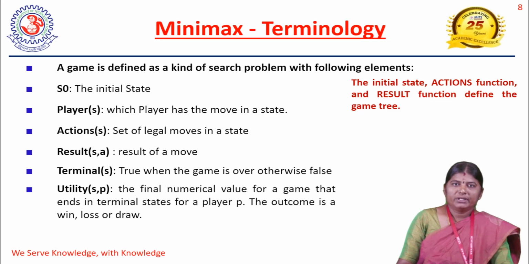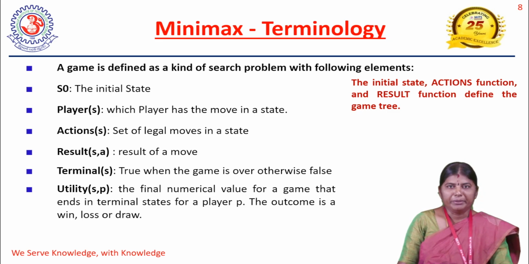Before getting into the algorithm, we should know some terminologies used under Minimax. A game is the best example for explaining adversarial search in a competitive environment, and it can be explained with a game tree. A game is defined as a kind of search problem with the following elements.